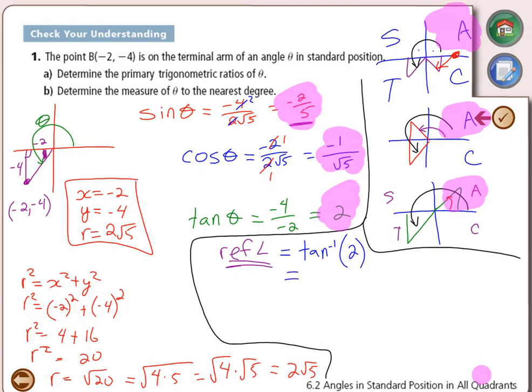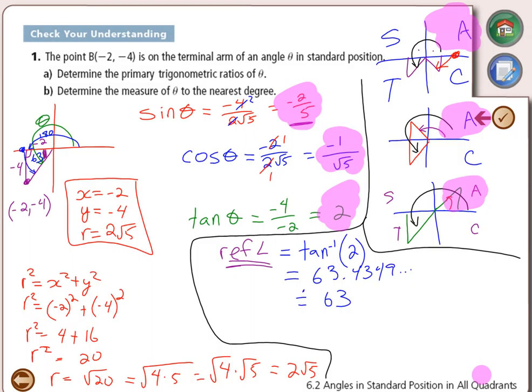Punch that into the calculator, and we're going to get 63.4349... So we're going to use approximately 63. That means inside the triangle is 63 degrees. But I've got 180 all the way to here, plus an extra 63.